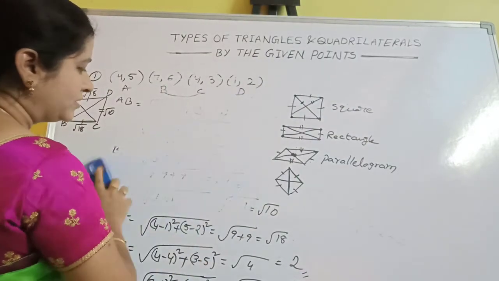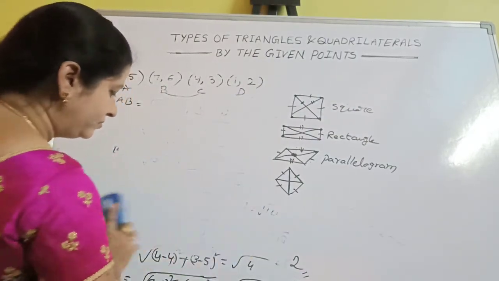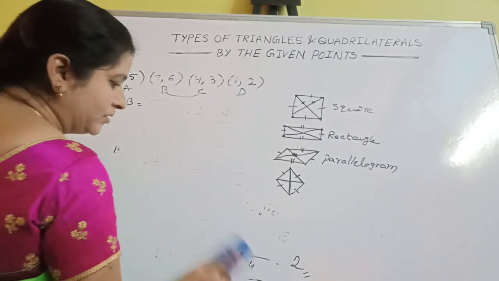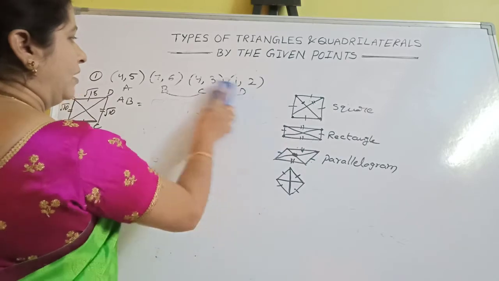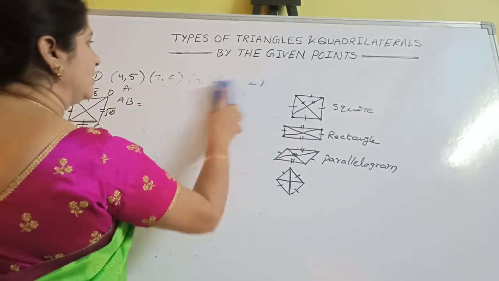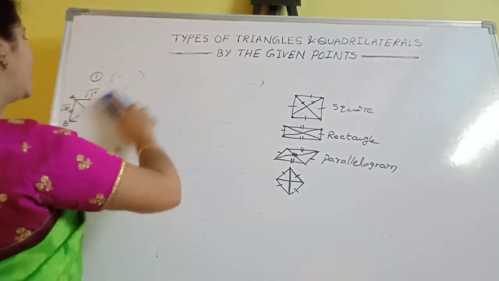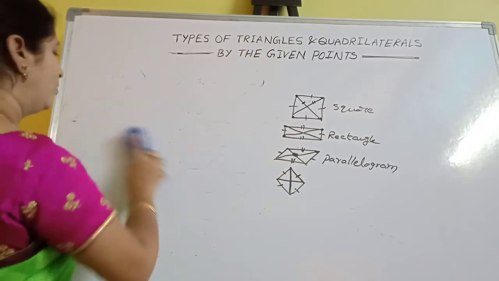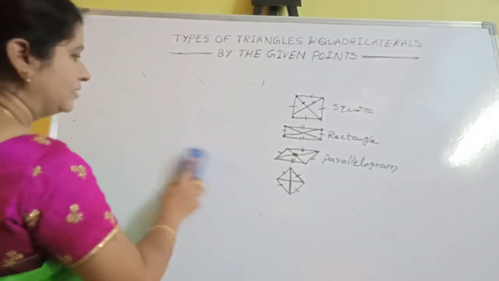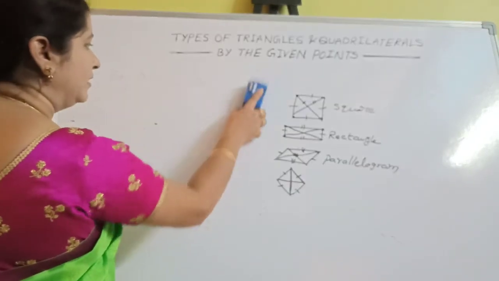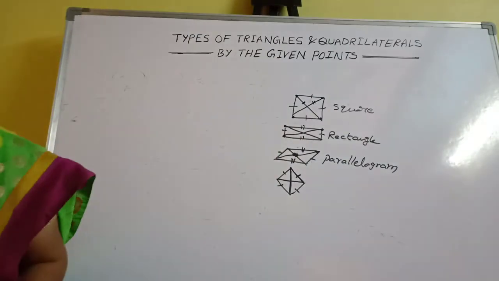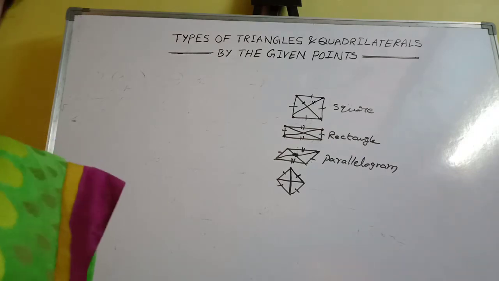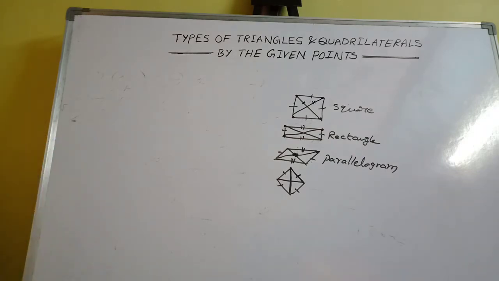Another application is also there. Everyone should remember the properties of quadrilaterals and triangles, then only you can do the problems easily. First, remember that in an equilateral triangle all three sides are equal. Isosceles triangle, two sides are equal.